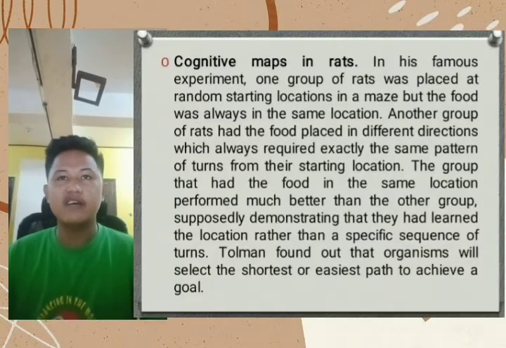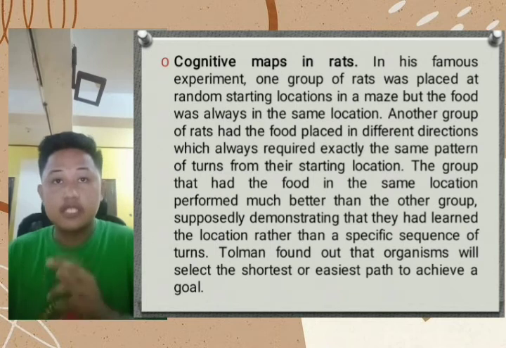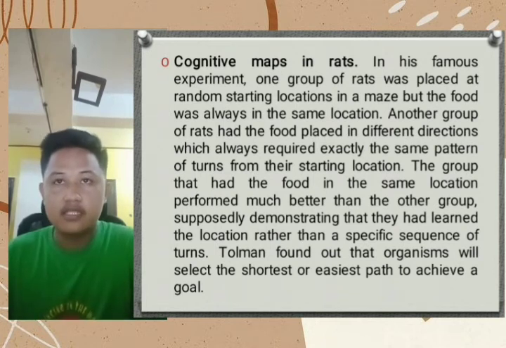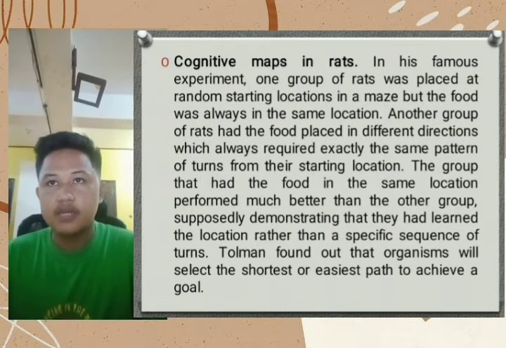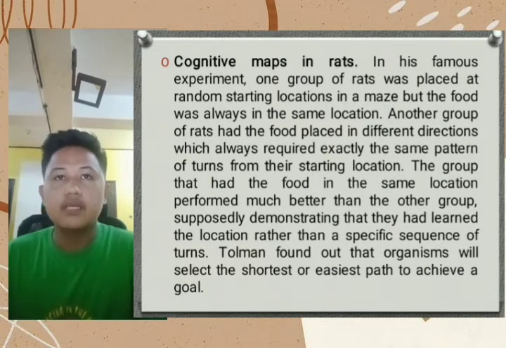Cognitive maps and rats. In his famous experiment, one group of rats was placed at random starting locations in a maze, but the food was always in the same location.